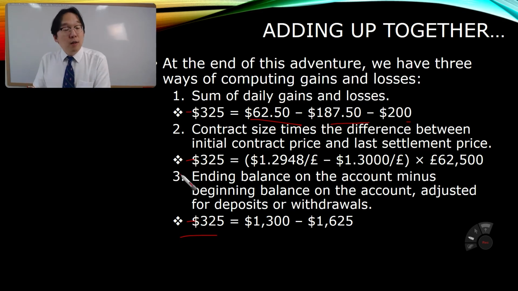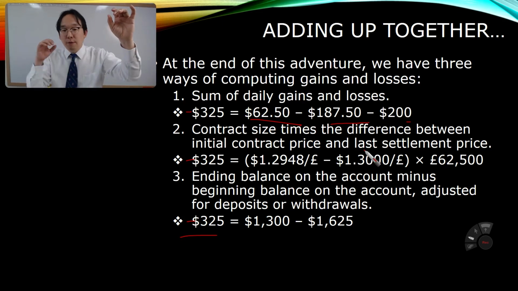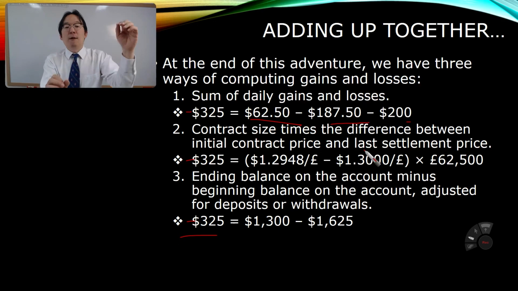The second way of doing it is contract size times the difference between the initial contract price and the last settlement price. Remember, it was day by day. Cumulatively, you've been doing the calculation so that the middle process will cancel each other out, so that what you need is your initial contract price versus the final settlement price. Bang.